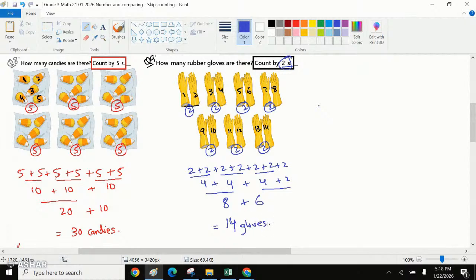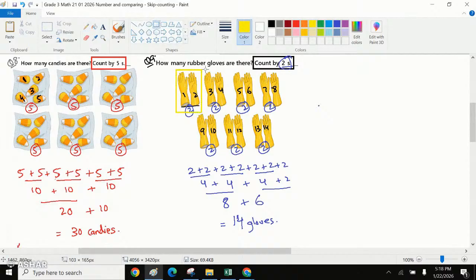But if they would change the question, if they would ask us how many pairs of gloves are there, then how many pairs would be there? Let's see. This is the first pair, right? 1 pair.